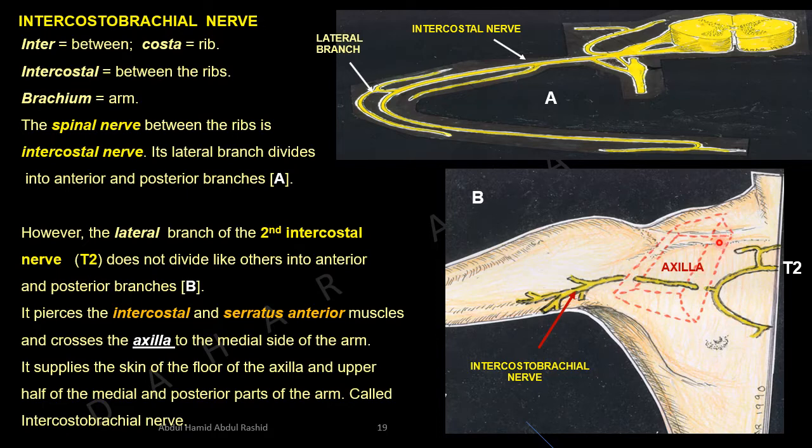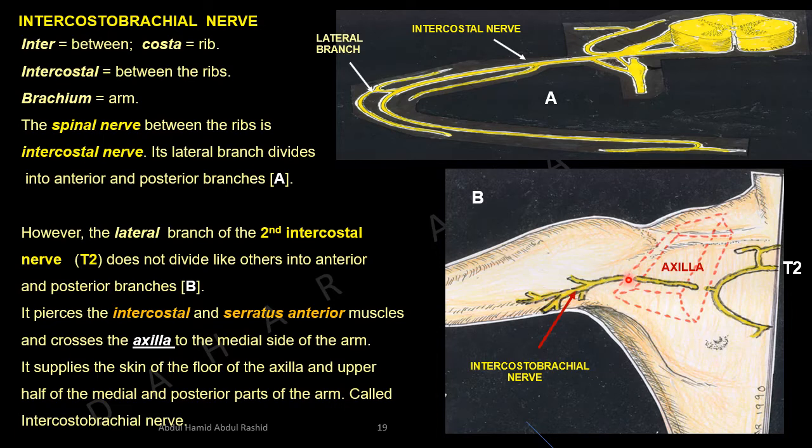This is the medial wall of the axilla formed by the serratus anterior muscle. The lateral branch of the second intercostal nerve, T2, passes through the medial wall, that is the serratus anterior muscle, goes through the axilla and comes towards the upper part of the arm.